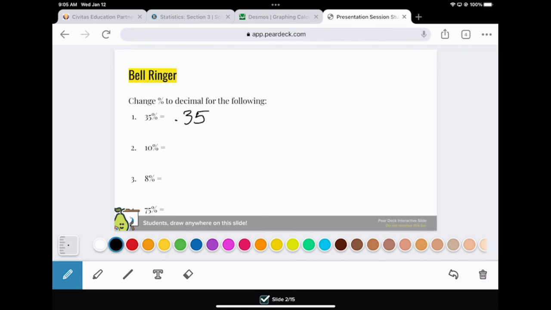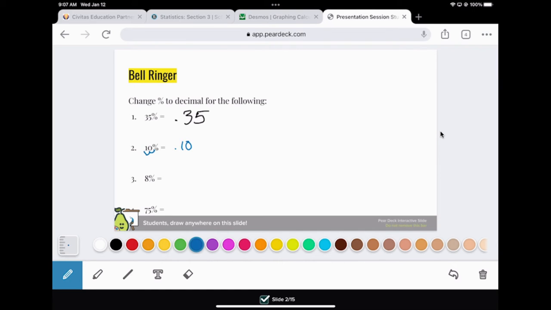Okay. All right. So that's good. For this one, I think we're doing okay. Here's a trick that you can do to change to a decimal. What you can do is move to the left by 2 places, so that's going to be 0.10.